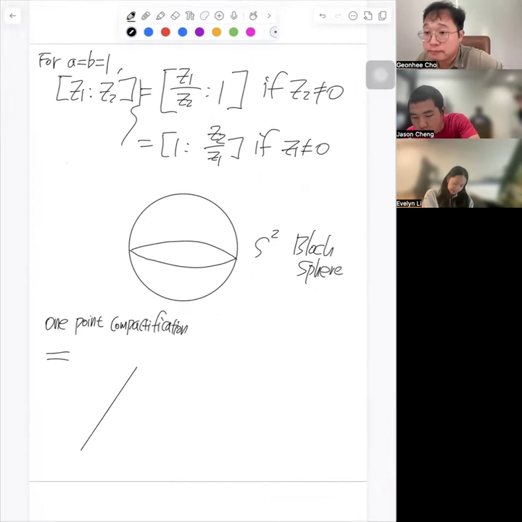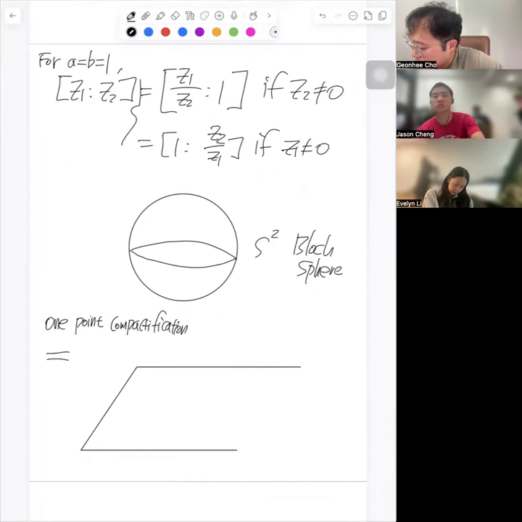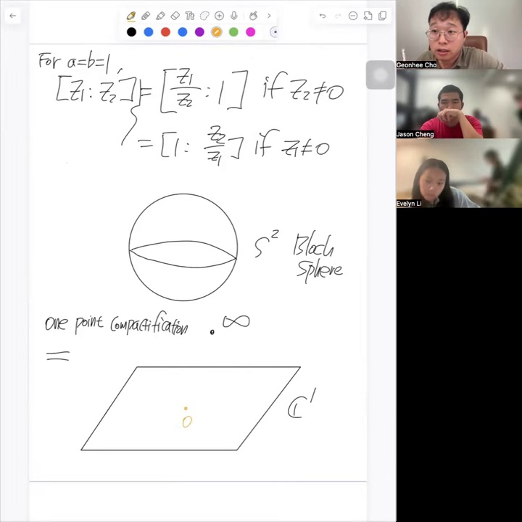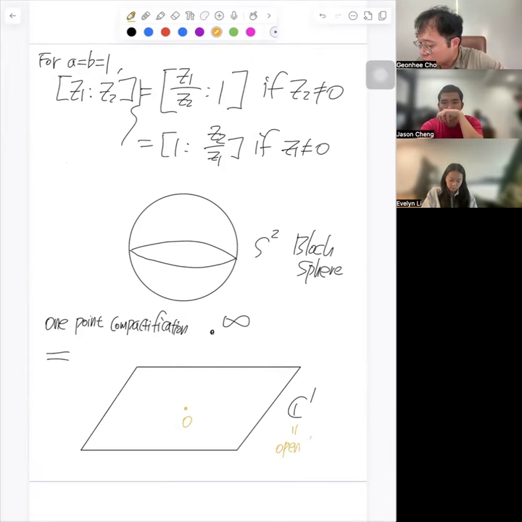So you start from the plane C1, okay? And then you add the point at infinity. Again, I know I explained this before, but I just want to make sure that you really digest it. So if you start from 0, then you take the open subset. This C1 is now just the open ball with radius equal to infinity.